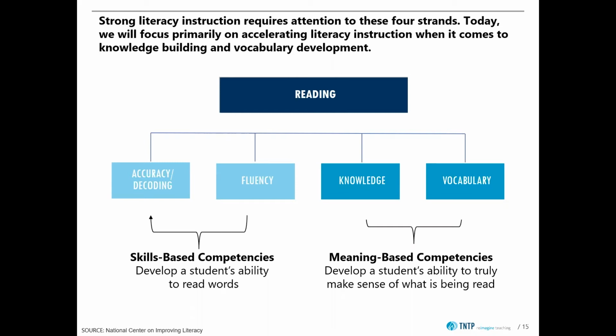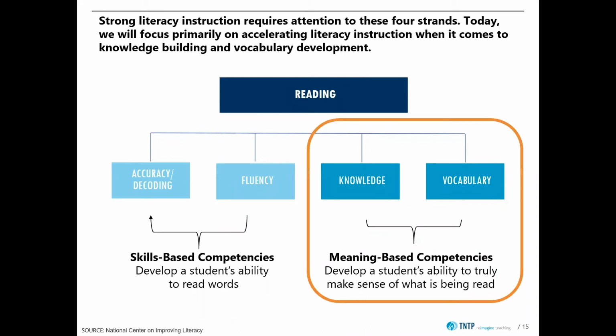And 2, comprehending the meaning of text being read. So meaning-based competencies, sometimes called reading comprehension. Accelerating each of these competencies can look slightly different. For our purposes, we're going to focus on meaning-based competencies.